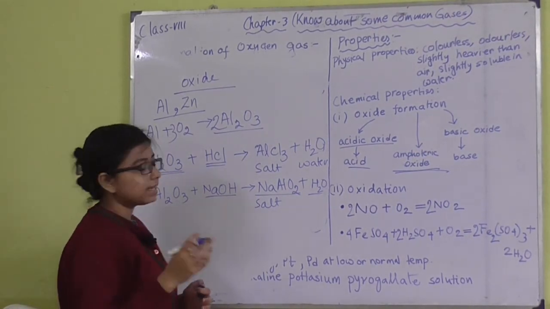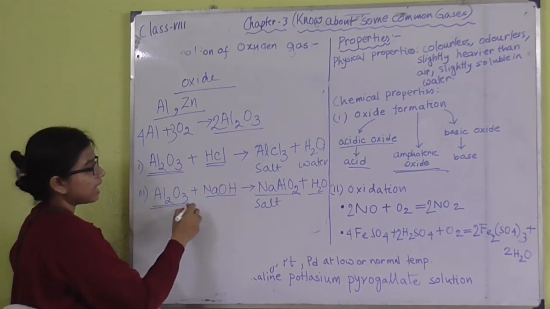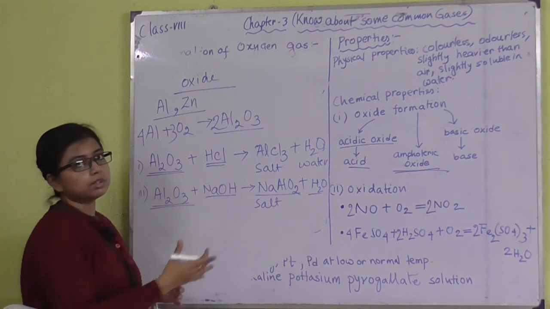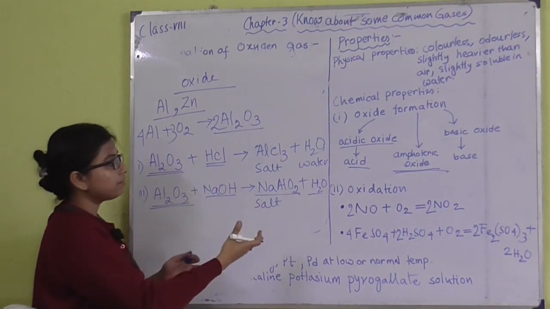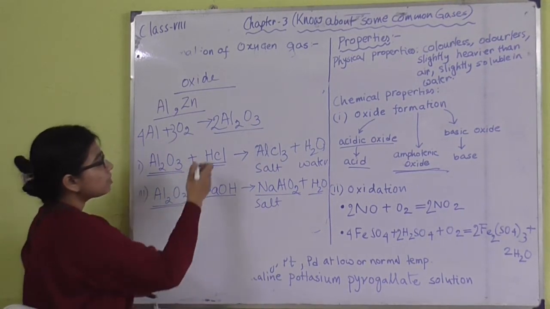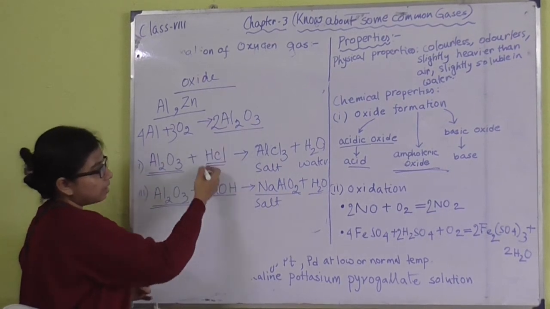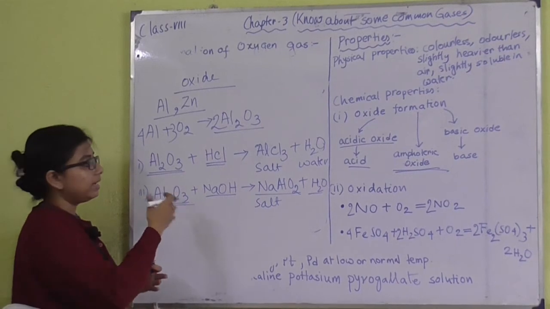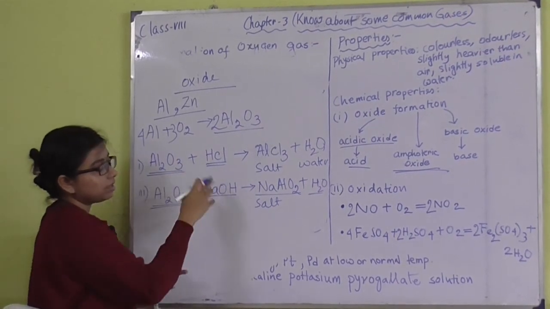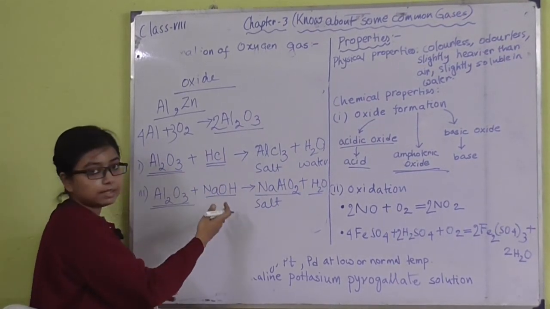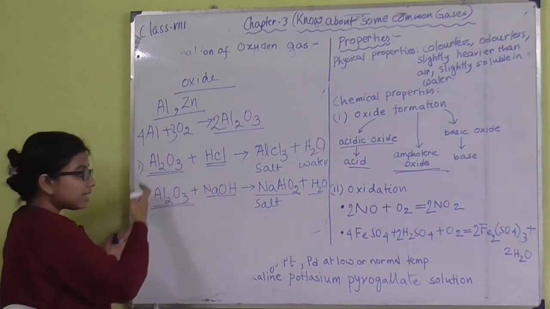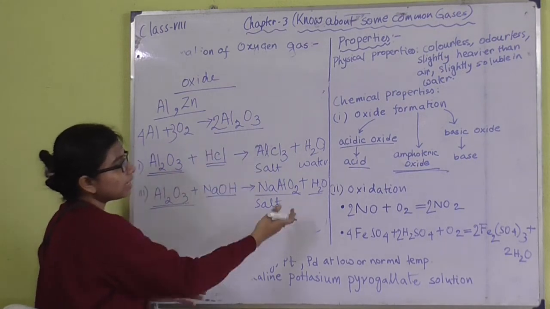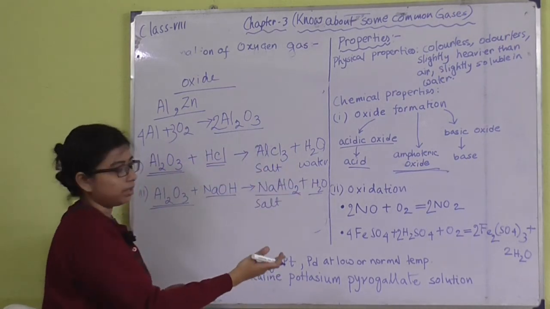NaOH is a base, so Al2O3 is acting here as an acidic oxide. So that is why they are known as amphoteric oxide, or they have the amphoteric nature, because when they react with an acid, they act as a basic oxide, and when they react with a base or alkali, they react like an acidic oxide. So in both the cases they will produce salt and water.